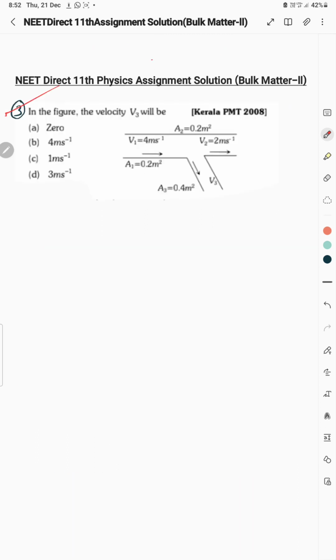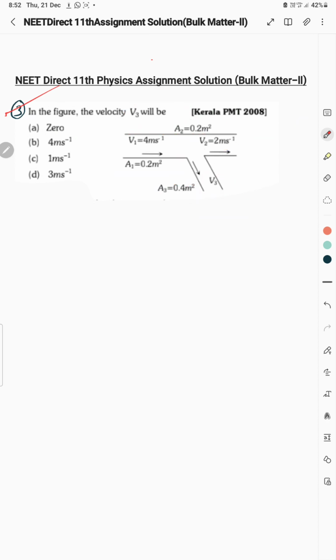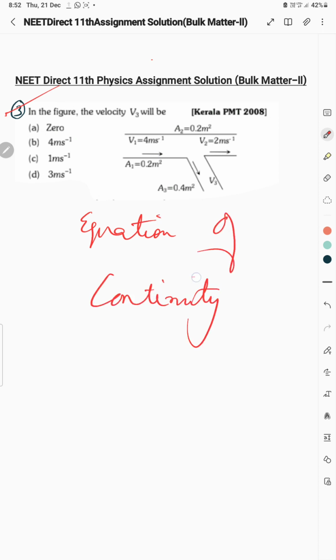Now let's move on to question third. In the figure, velocity V3 will be, V3 means this. This is what you have to find out. Here, this is the velocity of water entering this entrance point, and this is area of cross section. This is area of cross section for this part, and this velocity. Here, area of cross section is given. Find the velocity. If you watch this statement very carefully, watch the diagram very carefully, it appears it's based on the equation of continuity, right?